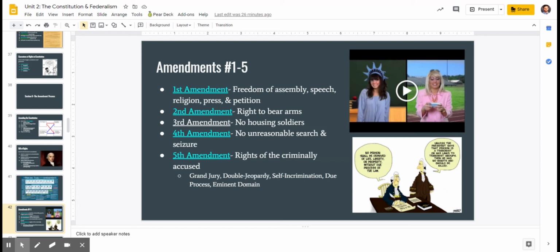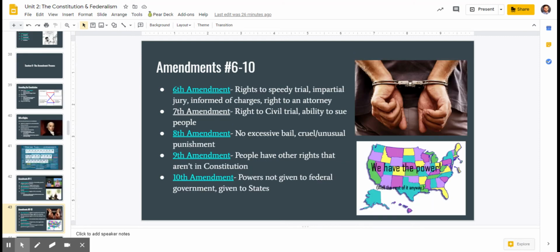Eminent domain means that the government can take your land or your property from you if they deem it necessary. However, they do have to compensate you for it, right? So if they need to build a road that cuts through your property, they can seize that land. However, they have to give you some type of compensation in return. Okay. All right, moving on.